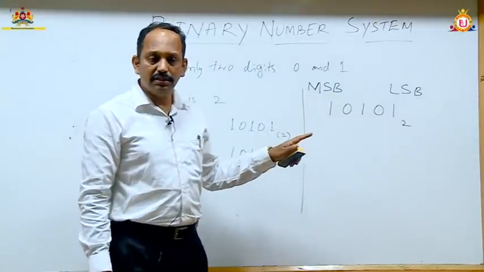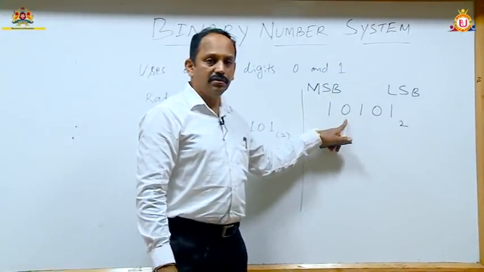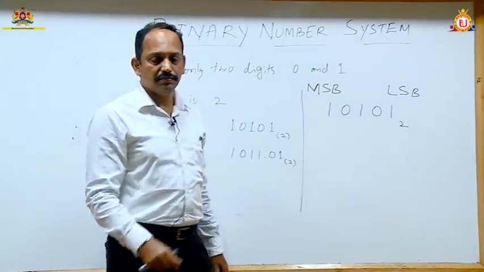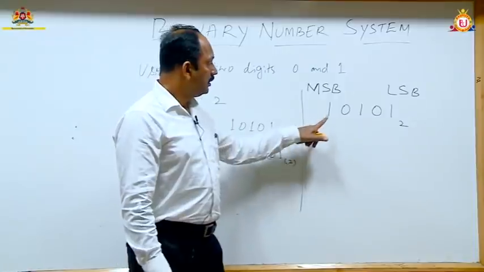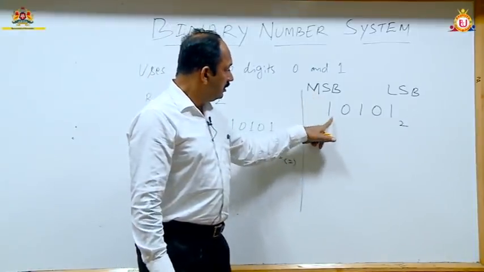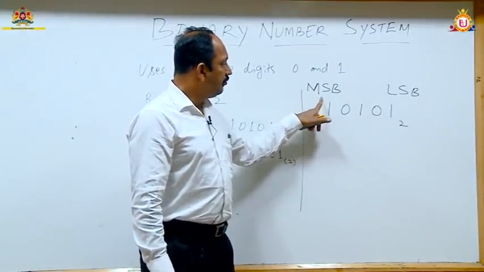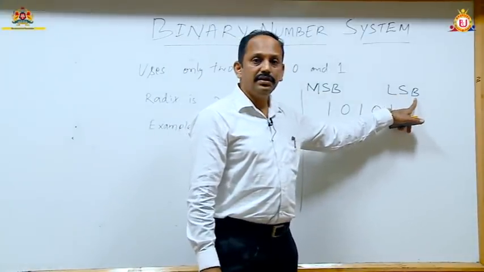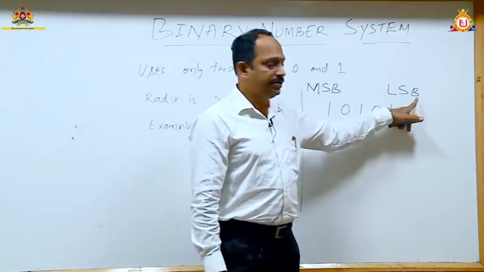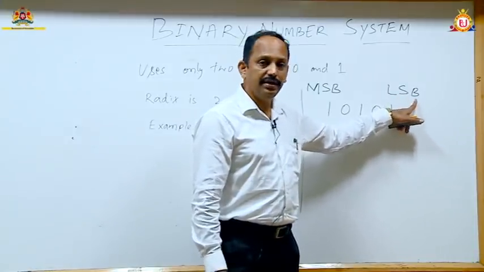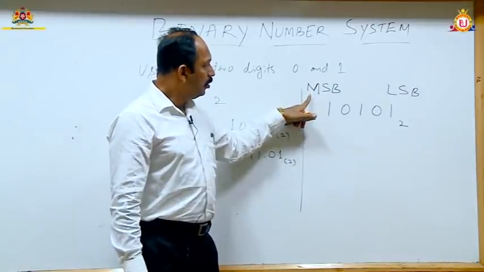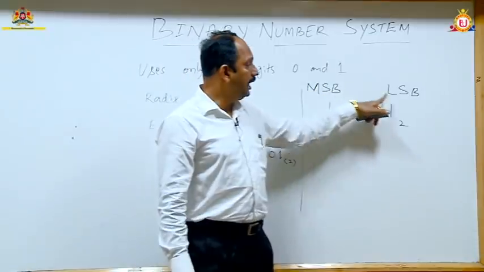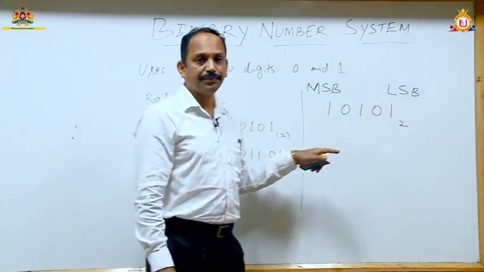In positional number system, every value gets its magnitude by their position. That is, the leftmost digit value will be higher than the least significant bit, LSB. Most significant bit will have the higher value than the least significant bit.